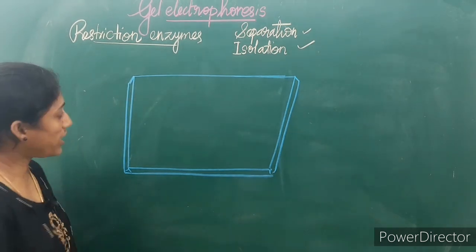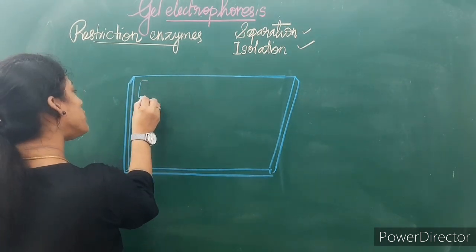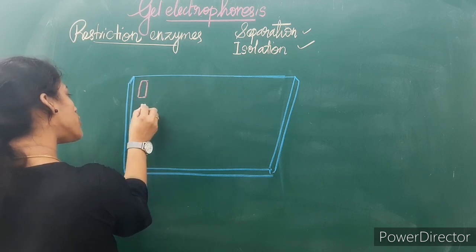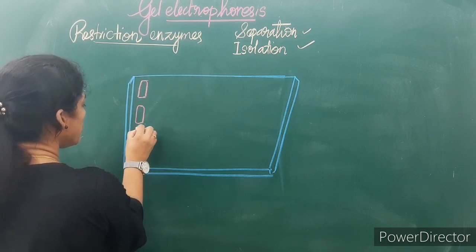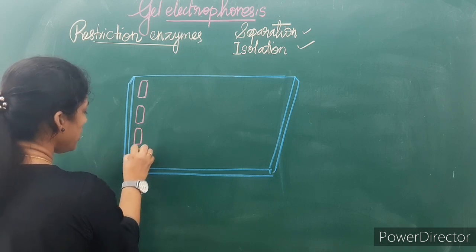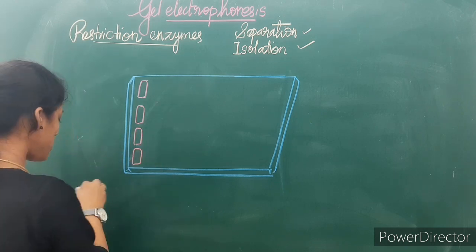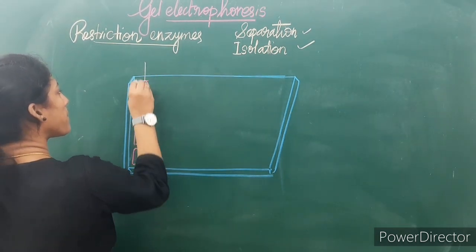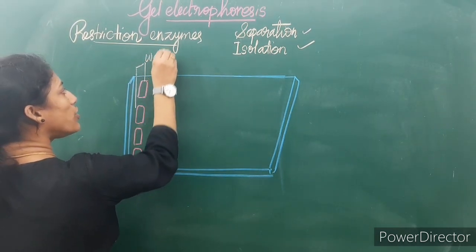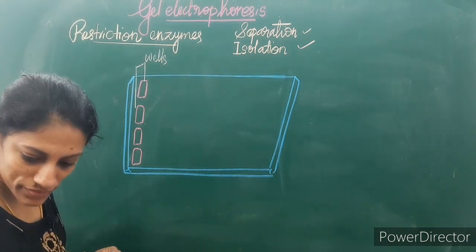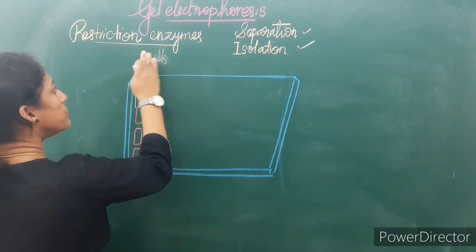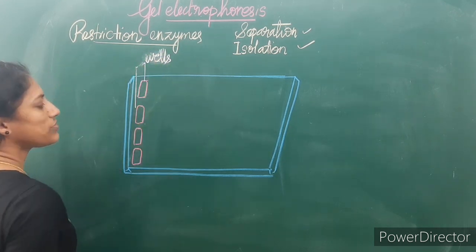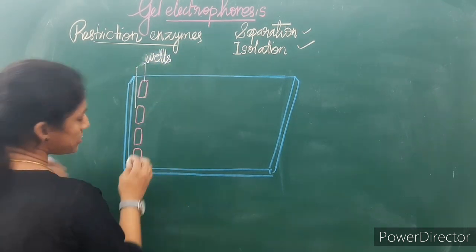At one end of this, there are certain notches, or we can call them wells. Here I am drawing 4 wells only. These are the wells, and this is the setup.